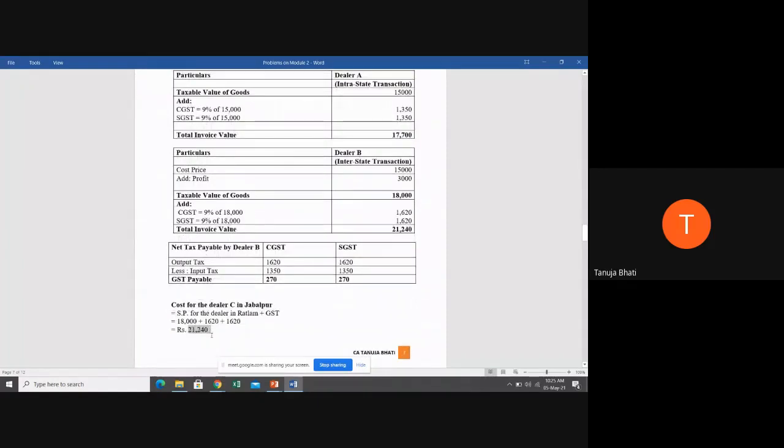Suppose dealer C is further selling the goods, then the cost price will be 18,000 on which the profit margin is to be added. But as of now, dealer C is not further selling the goods. There is no information about them. So the total cost that he needs to pay is 21,240. So students, is this problem clear?